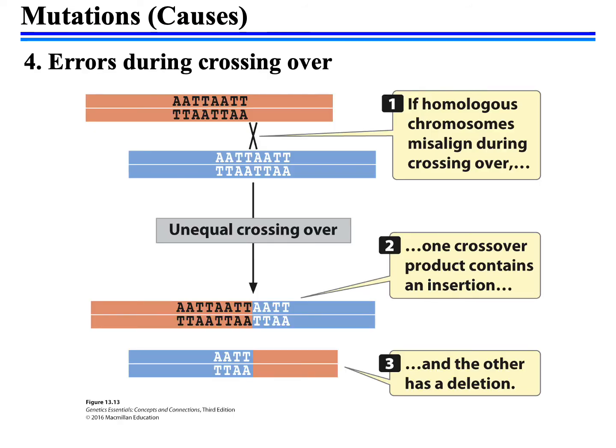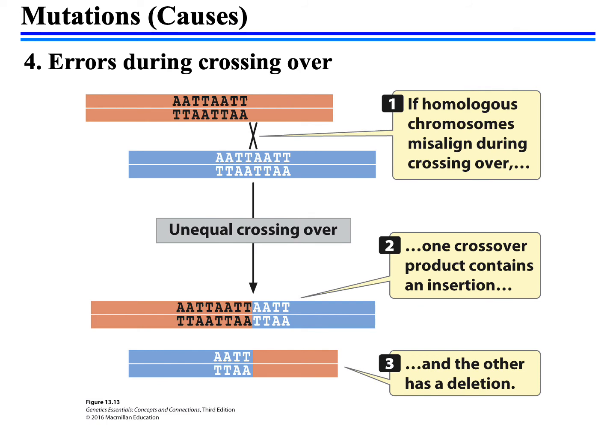Another way that mutations can occur is at the time of crossing over or genetic recombination. If homologous chromosomes misalign, meaning they don't align the way they're supposed to during the crossover process, you can have something referred to as unequal crossing over.